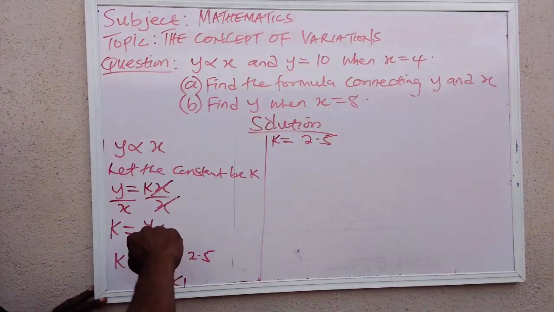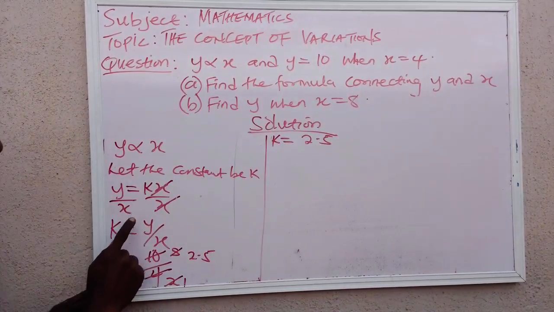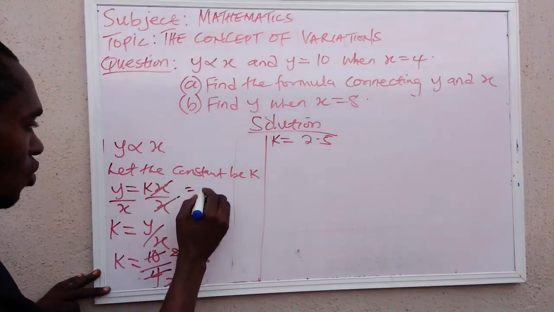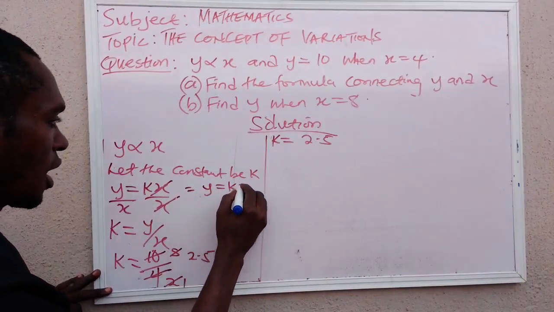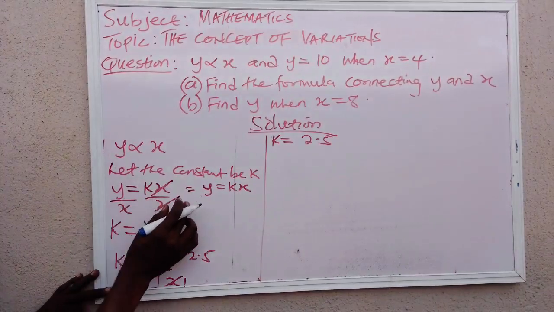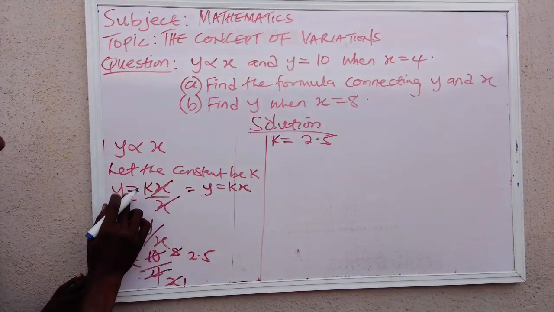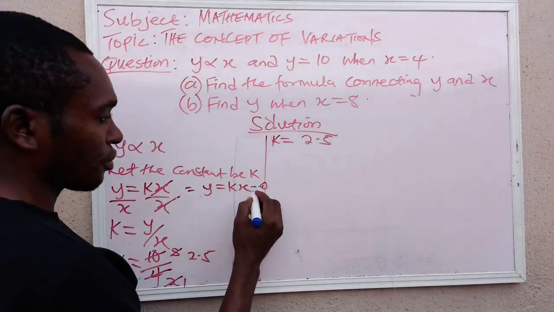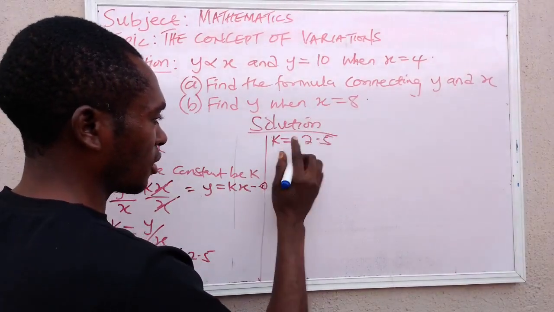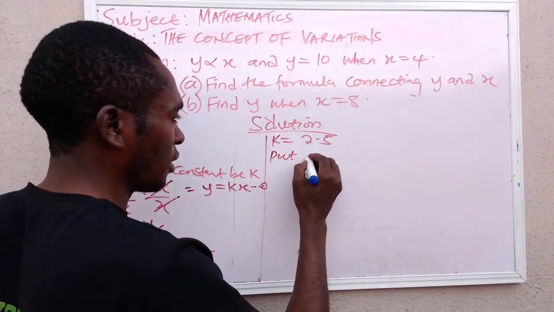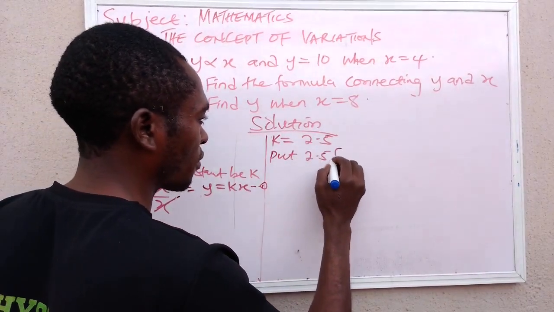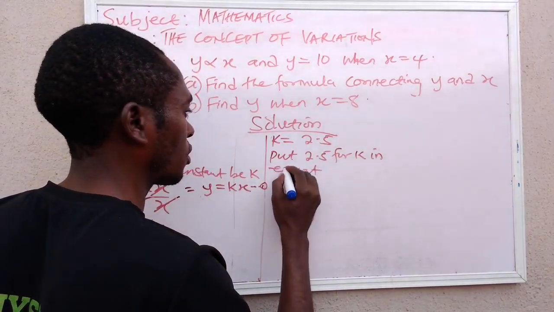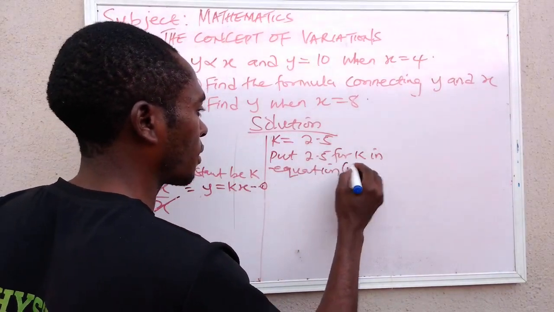So I'm going to come back and introduce it into the relationship I was supposed to have. Don't forget, we had y equals kx, before I divided by x. I can call it equation 1. So I put back 2.5 for k in equation 1.